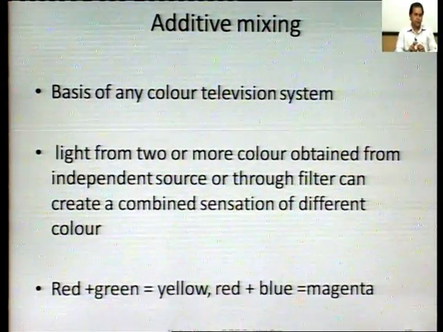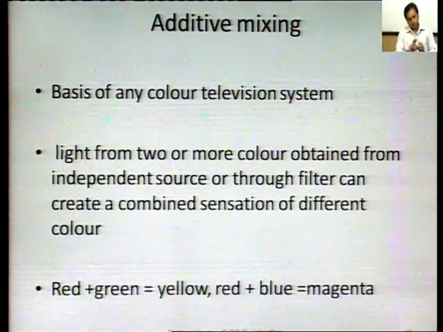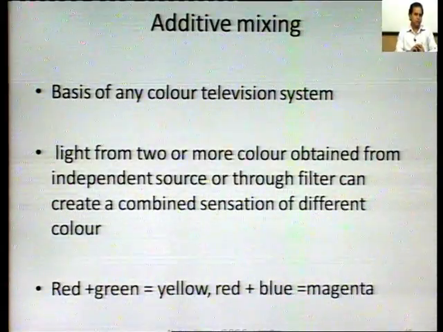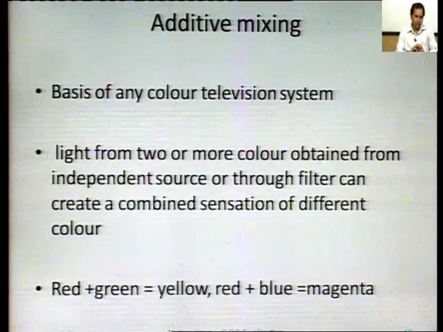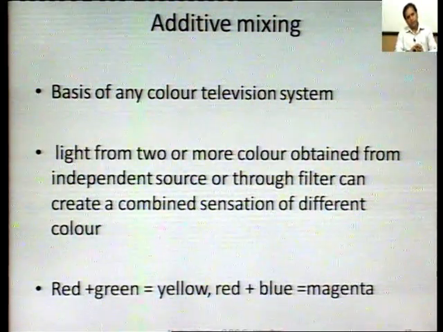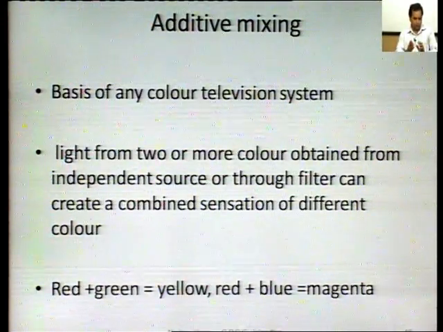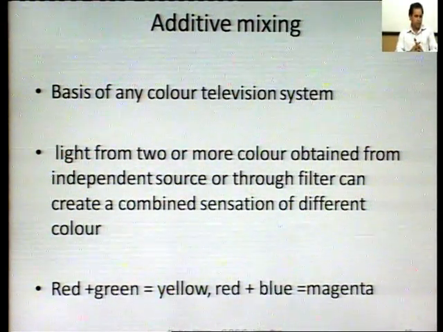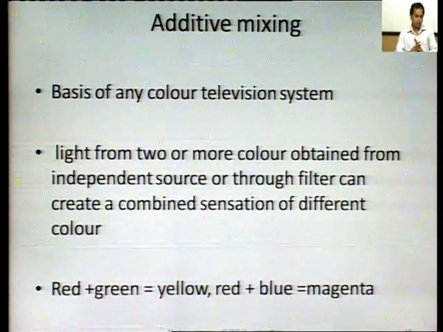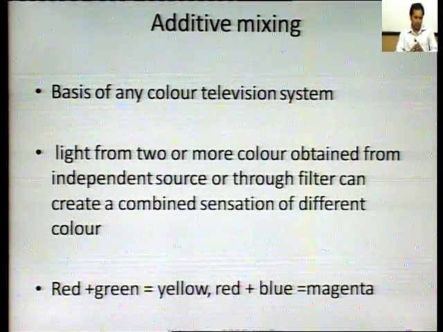In additive color mixing, the basis of any color television system is additive color mixing. Light from two or more colors obtained from independent sources or through filters can create a combined sensation of a different color. For example, if it is red and green, it will be perceived as yellow. If it is red and blue, we will see it as magenta.